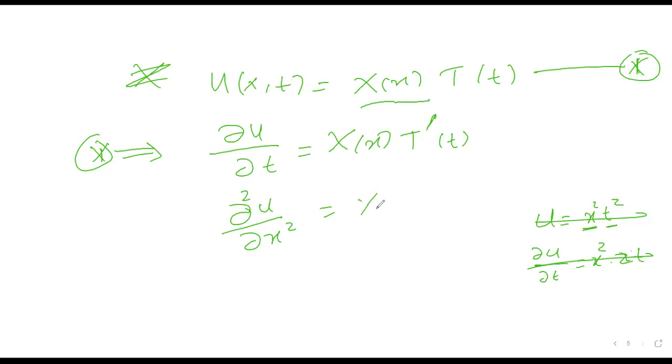What I'm going to get is 2 times X dash of x. The T doesn't have anything. Since we are taking the partial derivative with respect to x, I can treat this as a constant. So this is what we are having.